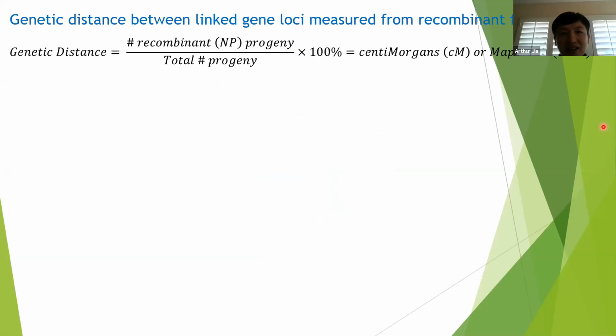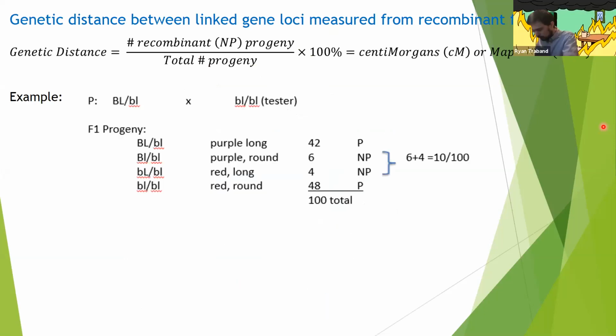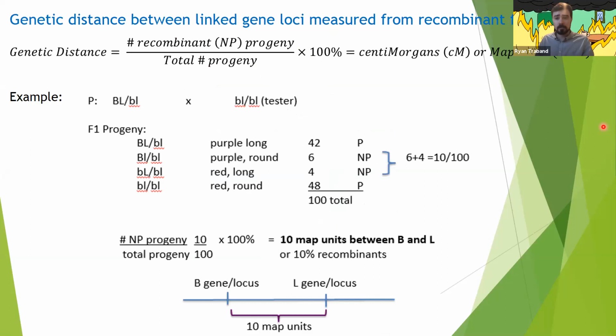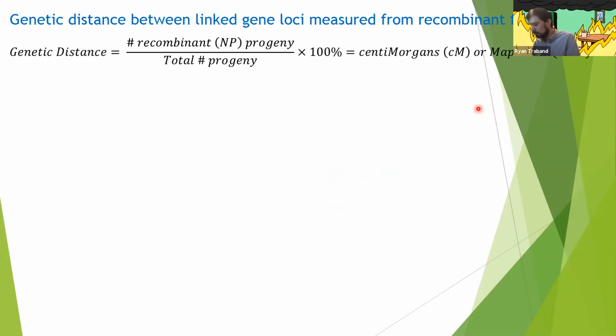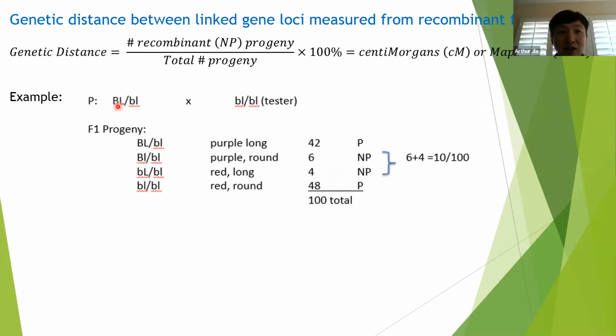All right, so this is another example I often use in my fundamental genetics class. Suppose we want to check the genetic distance between two loci. One locus is represented by the letter B. There are two alleles. The big B, I think, is the dominant allele, controlling the purple color, and the small b is the recessive one.